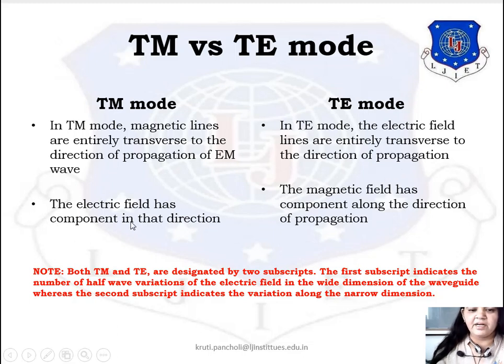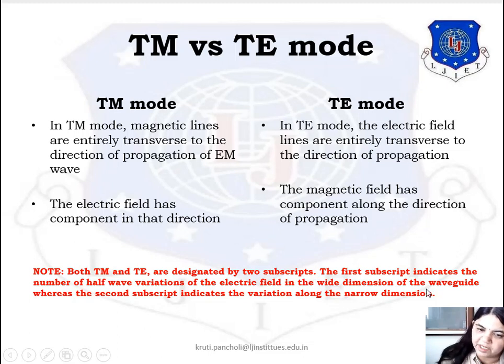The electric field has a component in that direction. The magnetic field has a component along the direction of propagation. So here we can note that both TM and TE are designated by two subscripts.